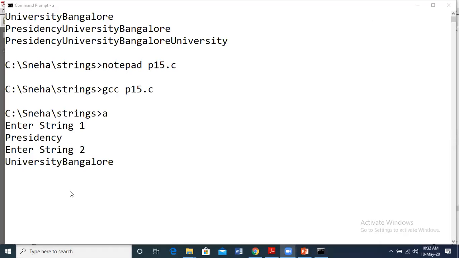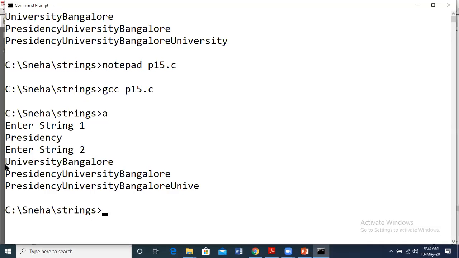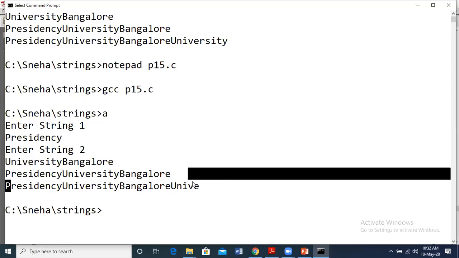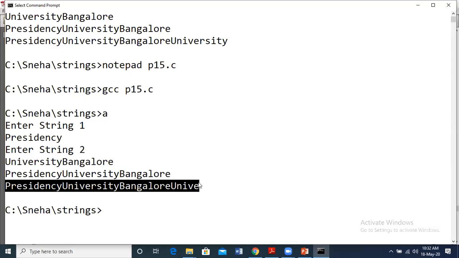So first string is concatenated to second, with strcat we will get Presidency University Bangalore, right? Now, after this, we are going to take only 5 letters. We have given n value as 5. So instead of 10, unlike previous, it will take only first 5 and that will be appended to the end of string 1. So now string 1 is Presidency University Bangalore UNIVE. Is this clear?